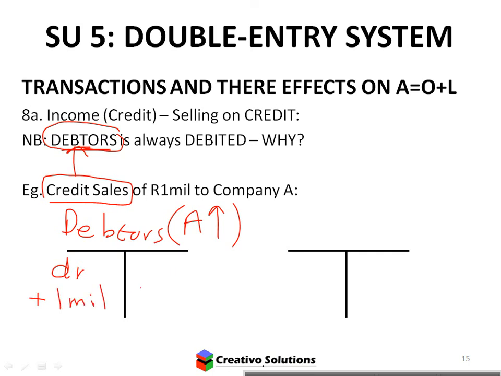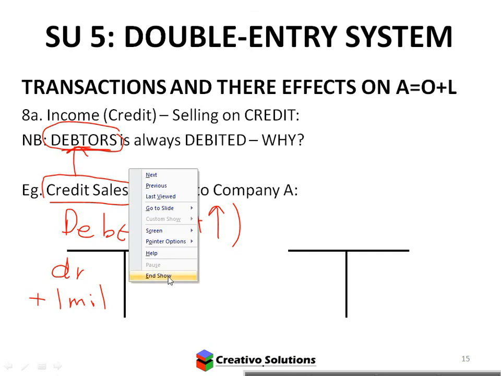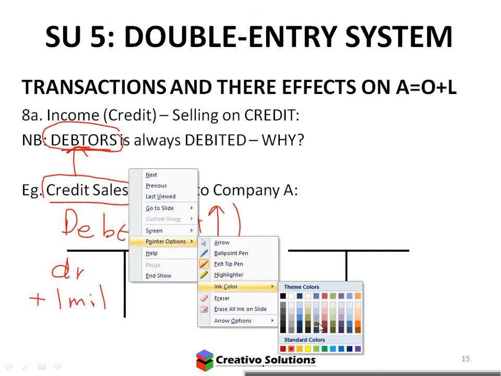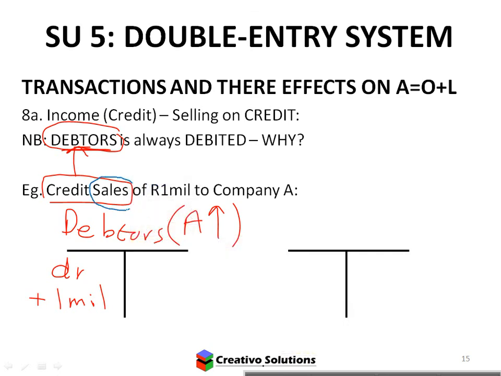Why did I have debtors? It's because I sold. You need two sides of the transaction. So the sales part, this bit over here, is going to be the other side. What type of account is sales? It's an income. It's an increase in benefit. If I sell something, I get something.